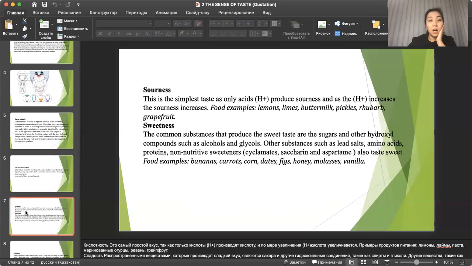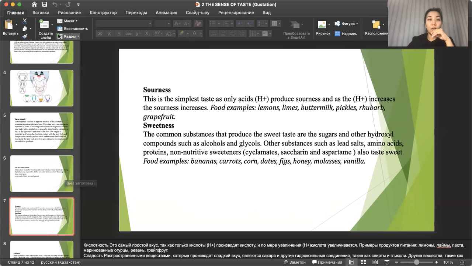About the sourness, as you know, the simplest sour taste comes from acids. Examples of sour fruits are lemon, limes, buttermilk, grapefruit, and so on.